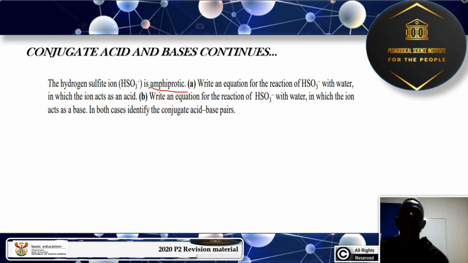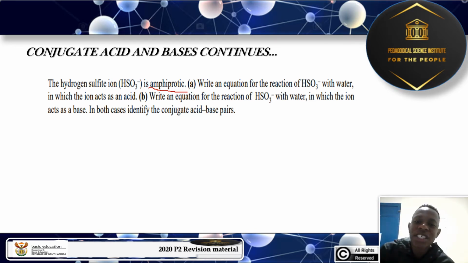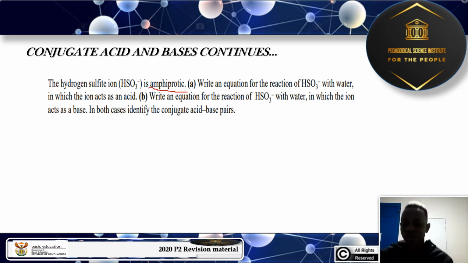So they are saying write an equation for the reaction of HSO3⁻ with water in which the ion acts as an acid. That is number 1. Then number 2, write an equation for the reaction of HSO3⁻ with water in which the ion acts as a base. So we need to write 2 equations.